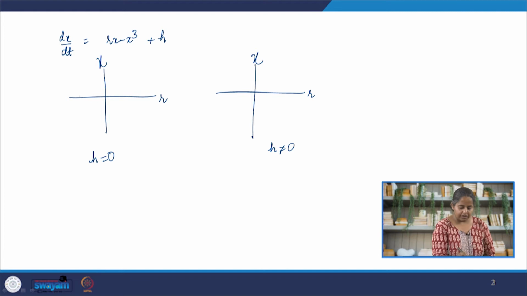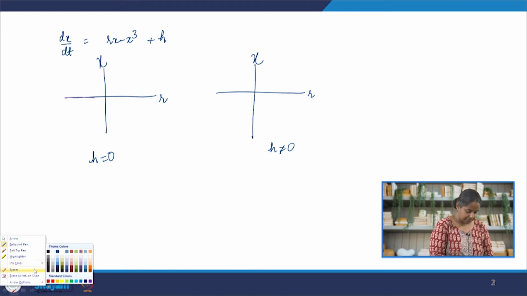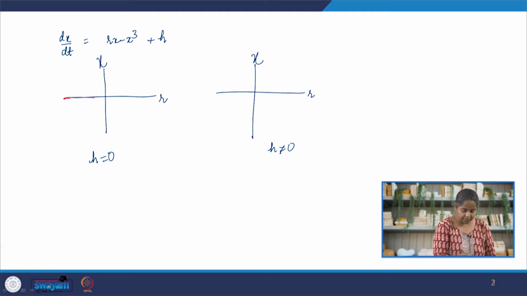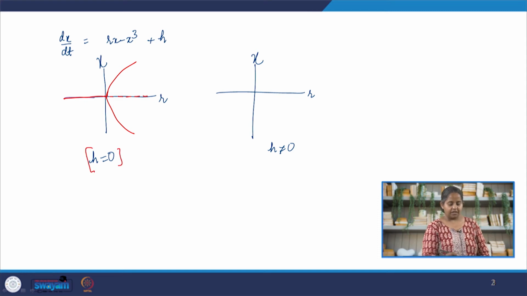When h is equal to 0, we have one fixed point here. And then this fixed point, which is a stable fixed point, turns into an unstable fixed point, and we have two new fixed points. So this acts very much like a pitchfork bifurcation because the imperfection is 0.